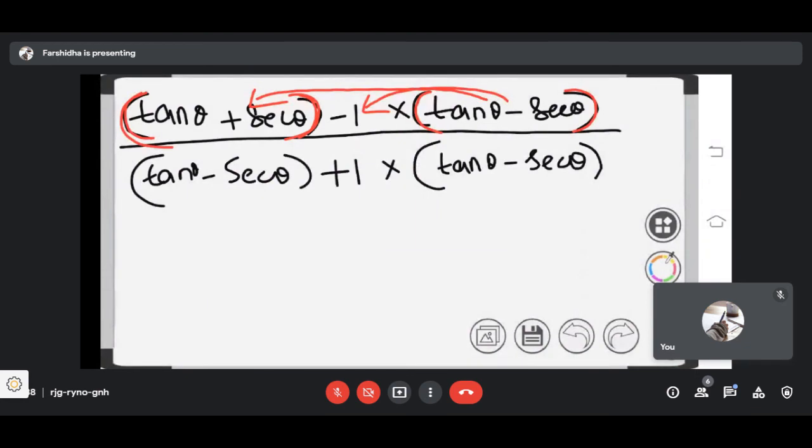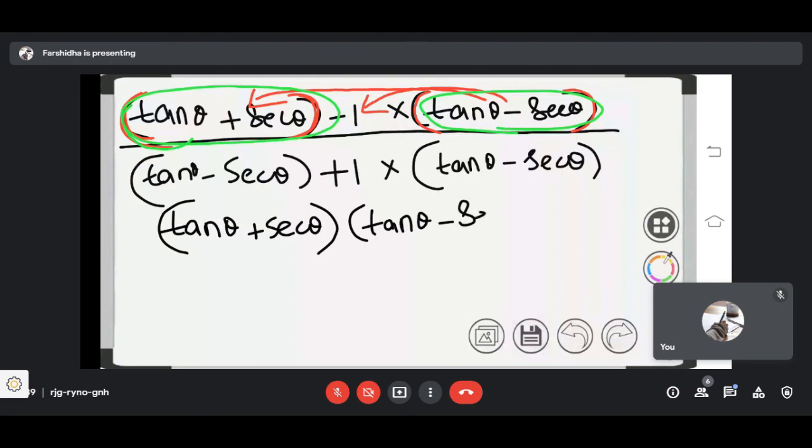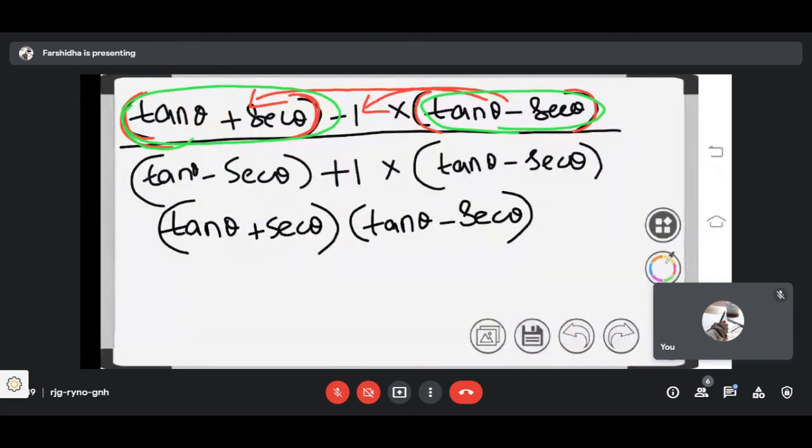First one, tan theta minus sec theta into tan theta plus sec theta. So I can write tan theta plus sec theta into tan theta minus sec theta. Now, one more is there.